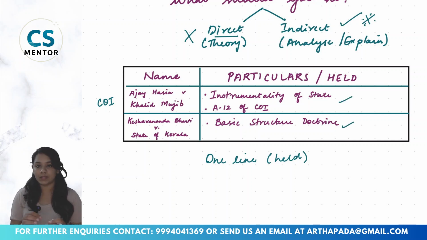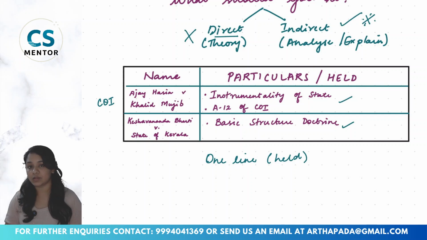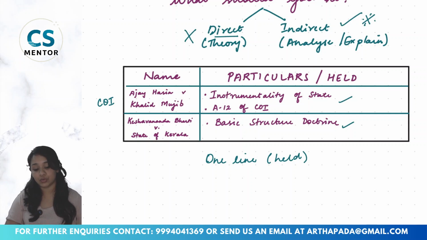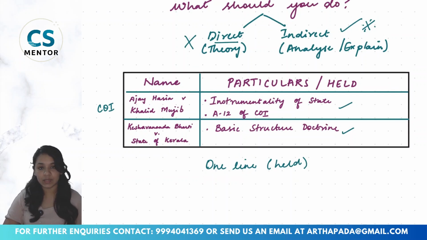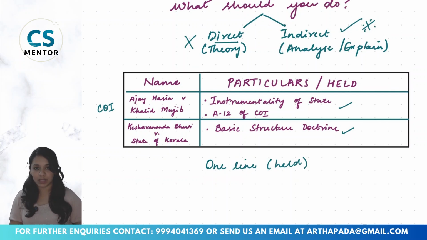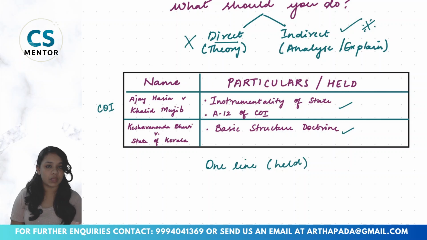And when you write it like this, similar to how I asked you to prepare for your section numbers, you'll also have all the case laws in one consolidated place. So, when you study it like this, not only will you remember the name of the case law, but you'll also be able to tell what was held in that case law.